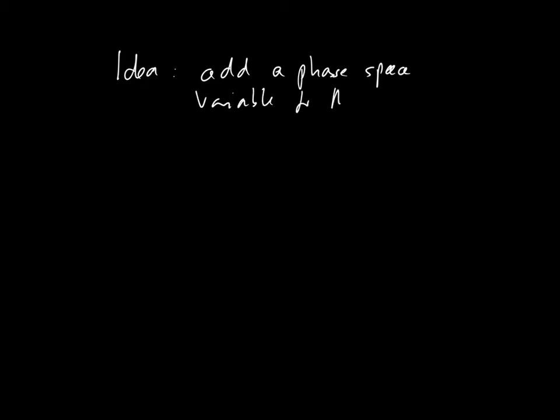Just to see how these might occur on the center manifold, the idea is you add a phase space variable for the parameter. So in other words, what's the parameter going to do? It's not going to change, right?